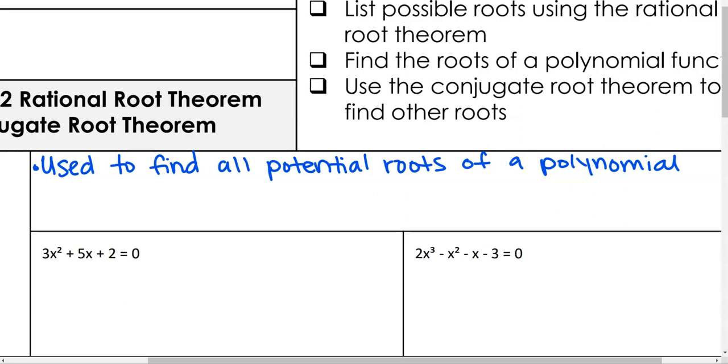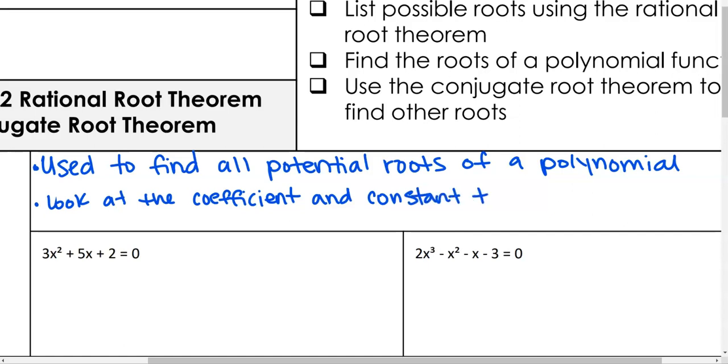So what do we need from our polynomial to do this? What we're going to look at is the leading coefficient and the constant term.